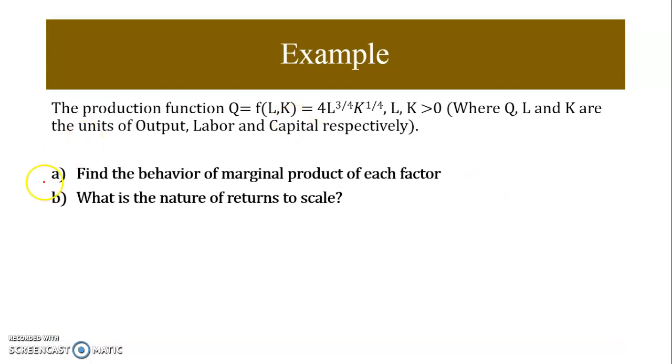In this part, we have to find out what is the nature of returns to scale. And in order to find the nature of returns to scale, we'll check the homogeneity condition, and we'll check what is the degree of lambda.